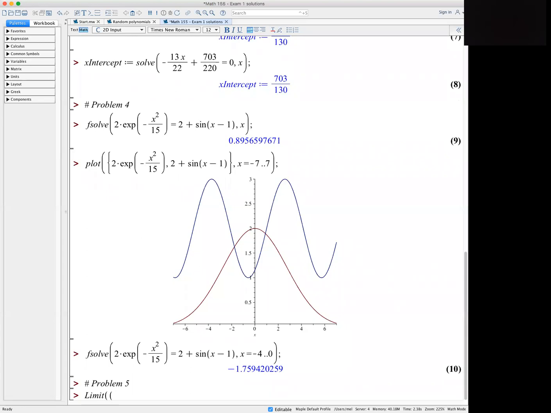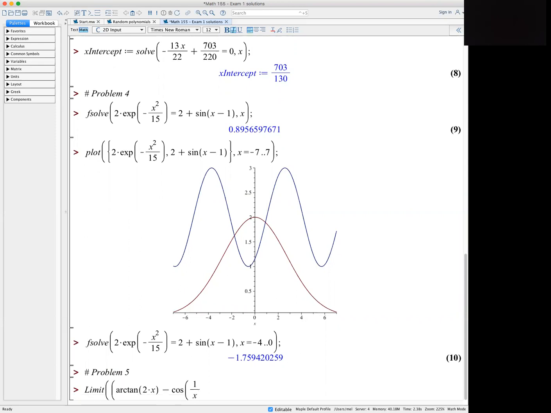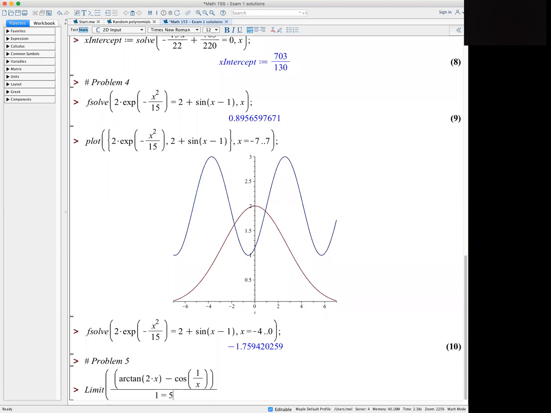So I have arctangent of 2 times x minus the cosine of 1 over x, all divided by 1 plus 5 times exp of minus x. And I want the limit as x equals infinity.